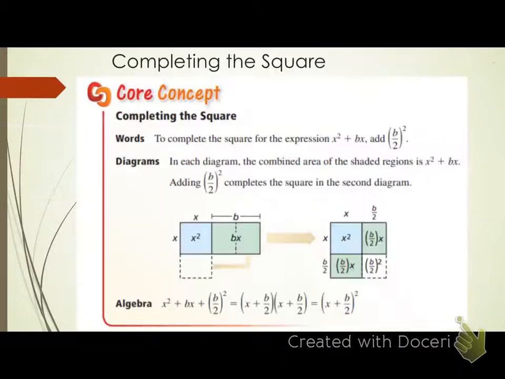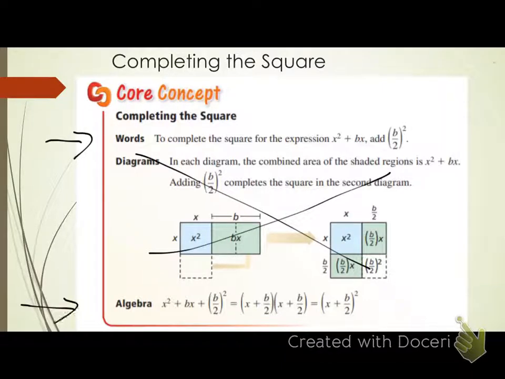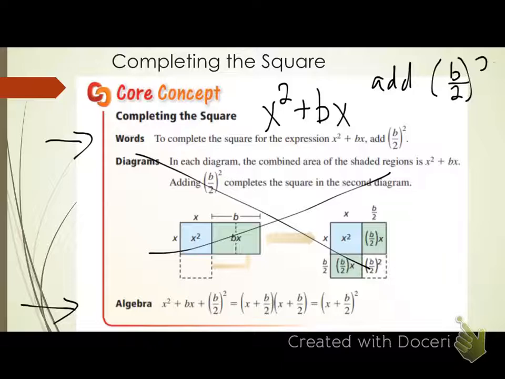Let's go ahead and look at some explanations on what we do. I'm not too worried about this diagram part. If I were you, I'd just write the words down and the algebra terms down. To complete the square for the expression x squared plus bx, you add b over 2 squared.